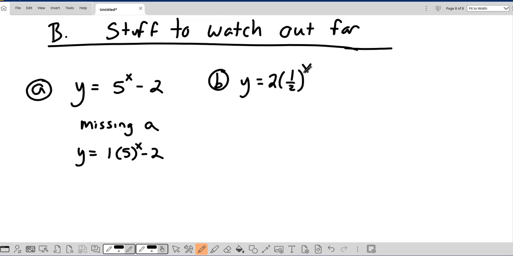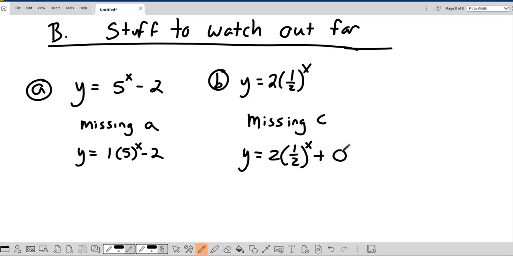That's right, we're missing that C value, which represents the horizontal asymptote. So we're missing C. Well, if that's the case, it's not 1, but what else might it be? 0. So if you're missing the horizontal asymptote, it's just 0, which means you're right on the x-axis like it was before, right?